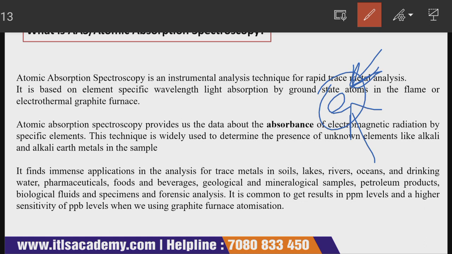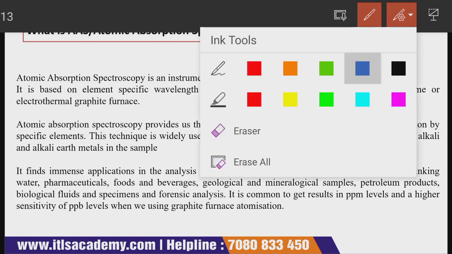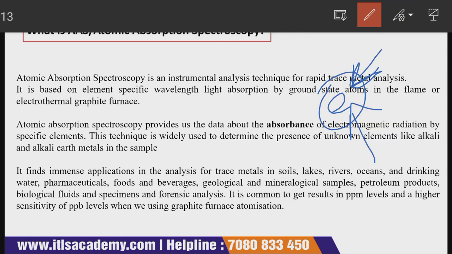electromagnetic radiation. So this technique is widely used to determine the presence of unknown elements like alkali or alkaline earth materials in the sample. This technique is very important where you want to know the unknown element.